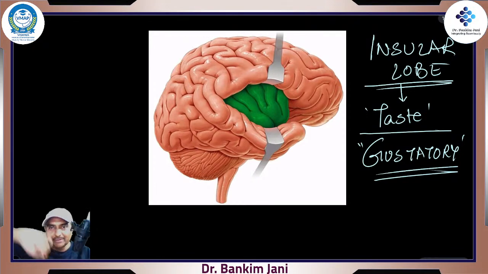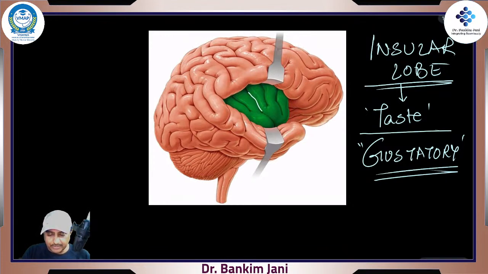When we actually drag away the frontal and the temporal, that's the insular lobe, which is also called the fifth lobe, right?